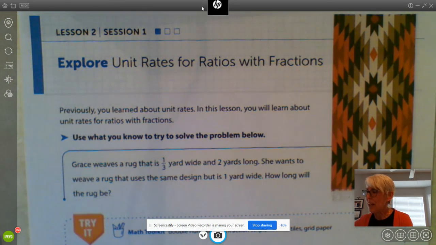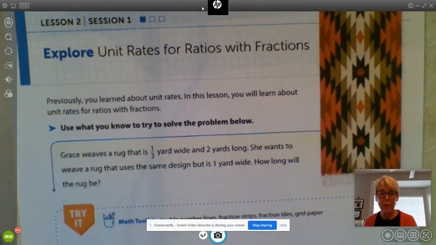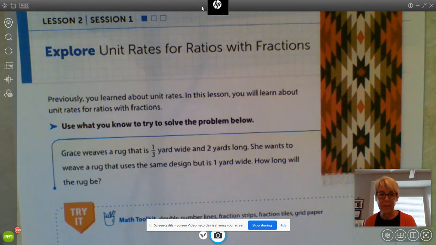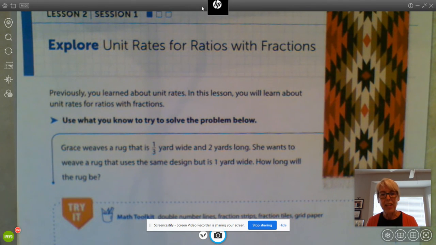So let's read through this. I know you've read through it several times as you worked through the slides, but I'm going to read it once with you, and we're going to highlight some important parts of this. So Grace weaves a rug that's 1/3 yard wide and 2 yards long. She wants to weave a rug that uses the same design, but is 1 yard wide.